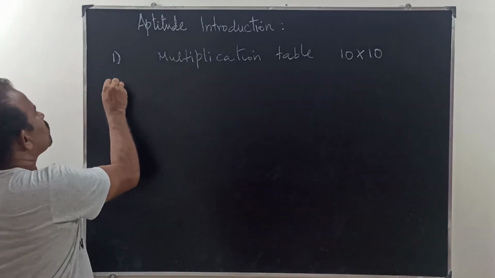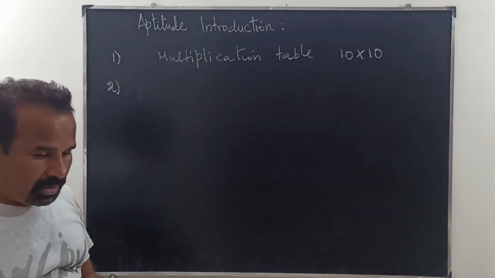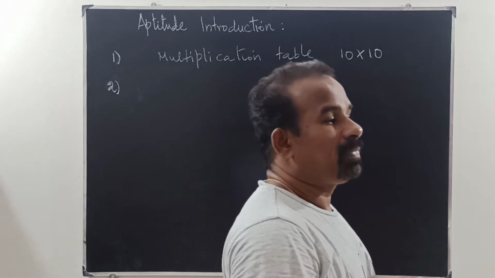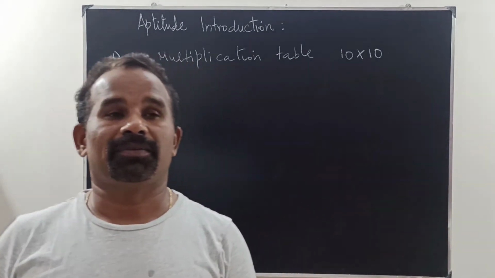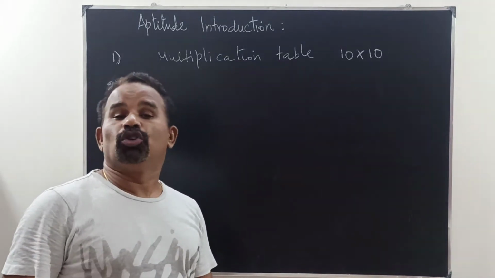Number 2 is square numbers, up to 30 squares. You have to learn them by heart.